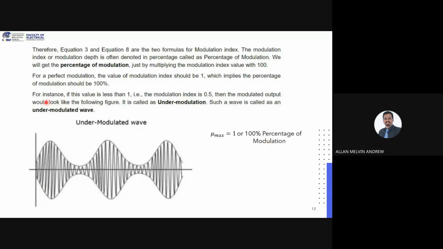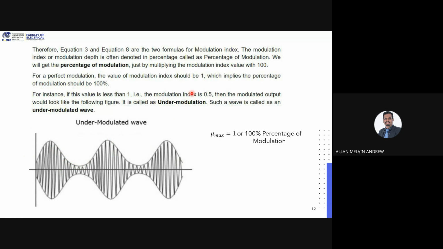So for instance, if the value is less than 1, let's say the modulation index mu equals 0.5, then the modulated output will look like in the figure. So this can be the least, or it can be here. We call it an under modulated wave.